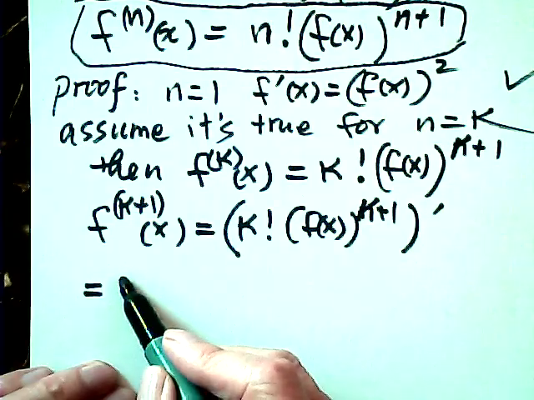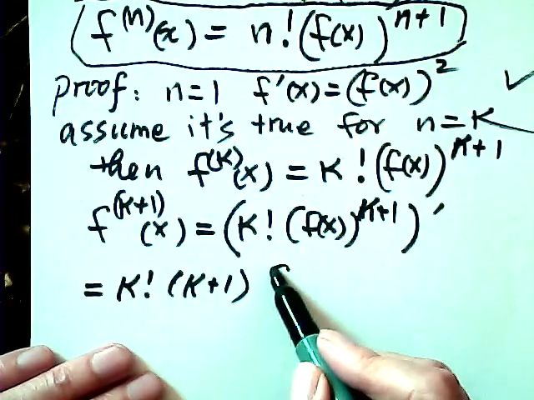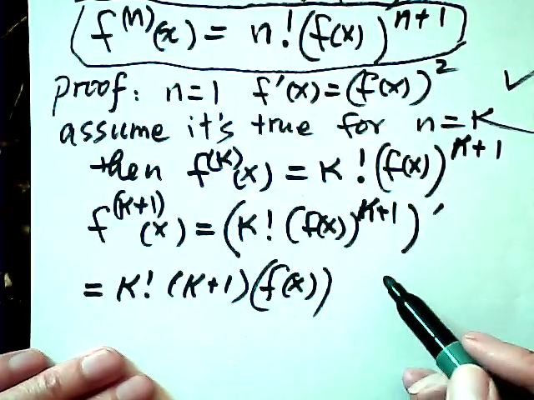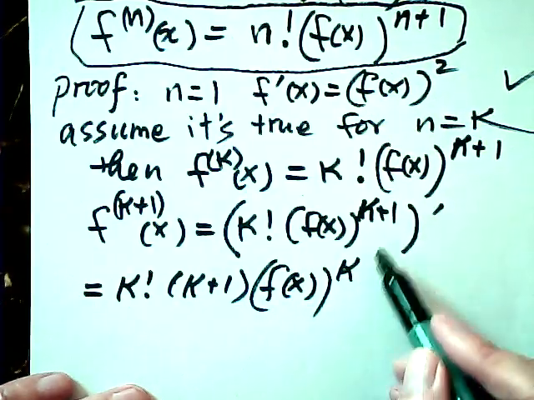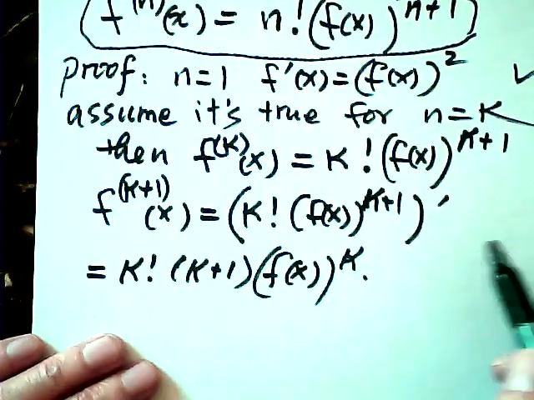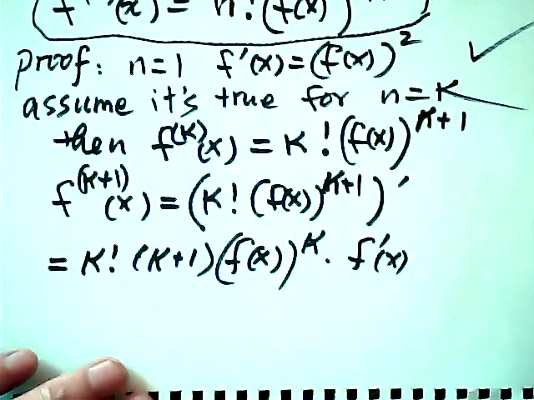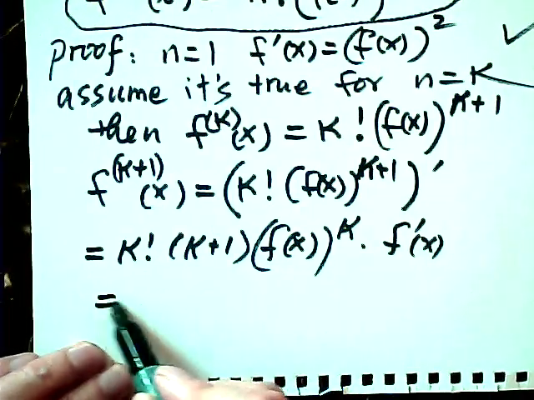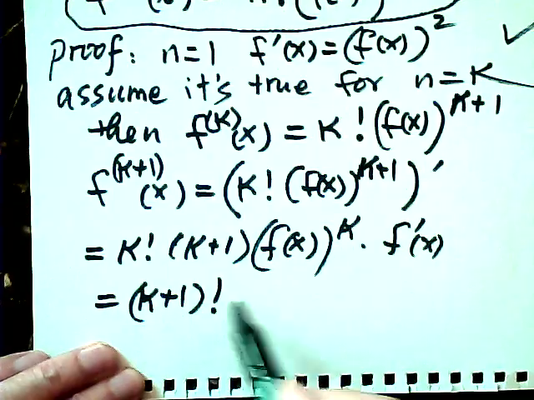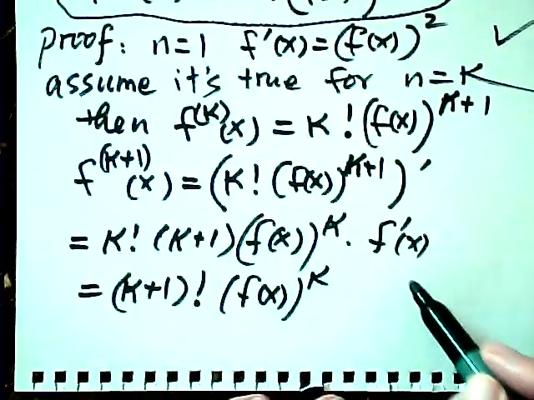So this will be k factorial times k plus 1 times f of x to the k, since k plus 1 minus 1 is k, times the chain rule, the f of x derivative, which is equal to k plus 1 factorial times f of x to the kth power times this derivative.